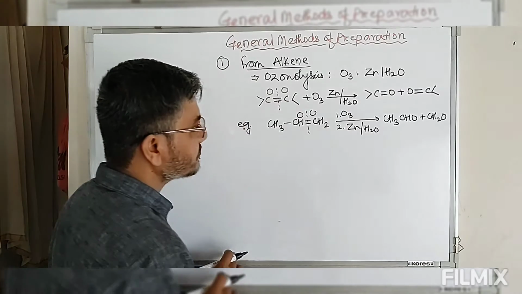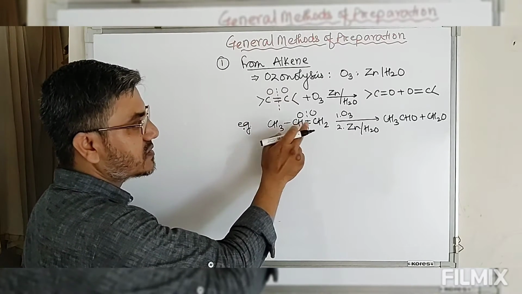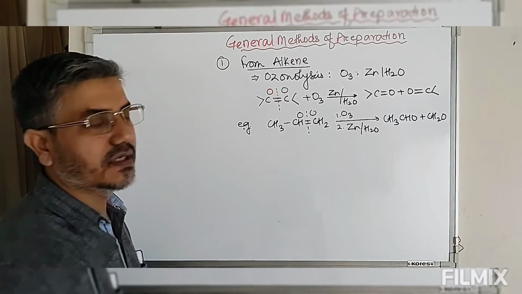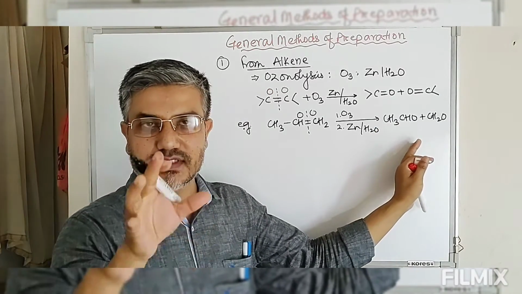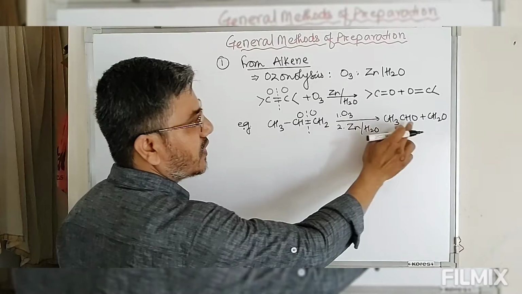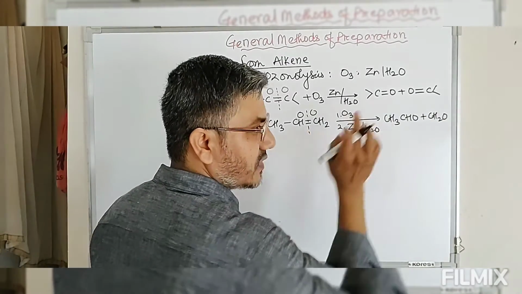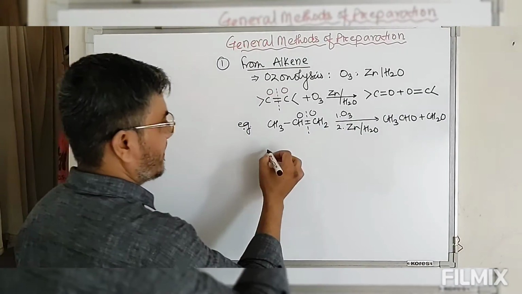Now look at this. If we have one hydrogen on this doubly bonded carbon, then the product of ozonolysis will always be an aldehyde. Here we have one hydrogen, so this gives you an aldehyde, that is ethanal. This also contains hydrogen, so we have methanal.